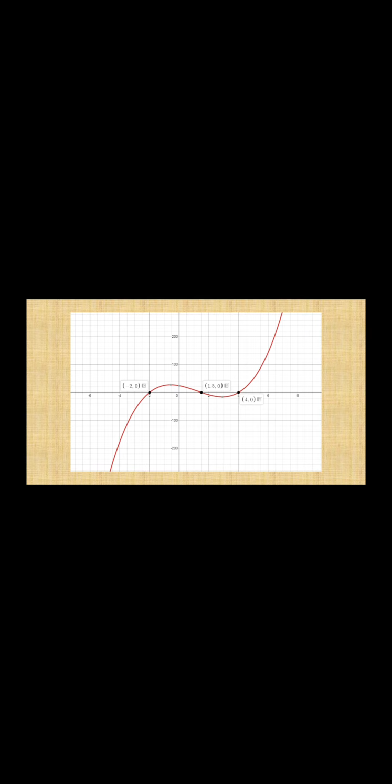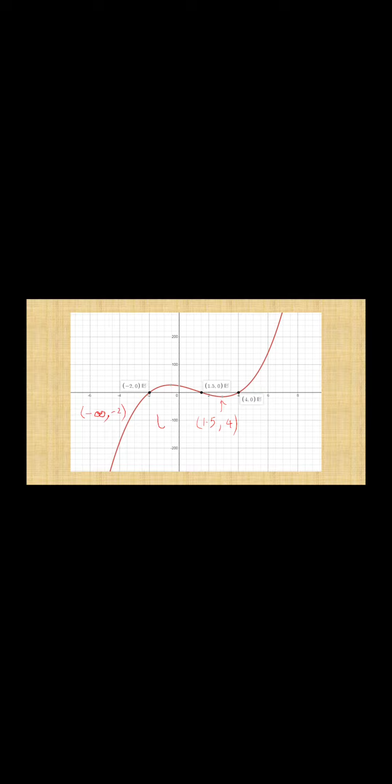And we can see the function is negative in two different intervals. From the graph we can determine that it is negative from negative infinity to negative 2, and also from 1.5 to 4.